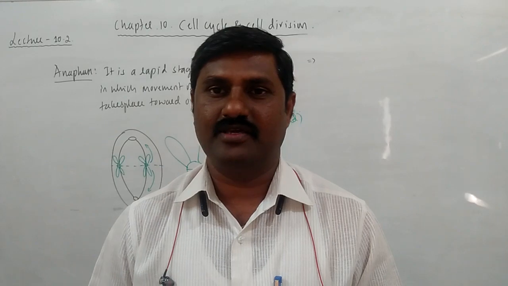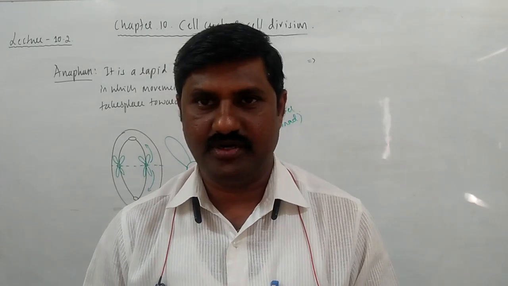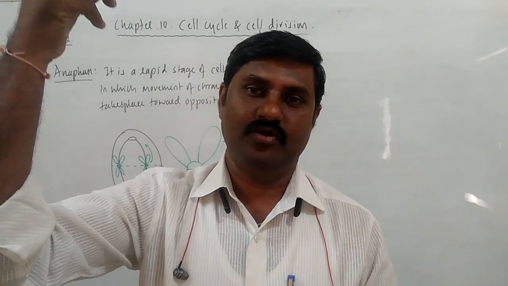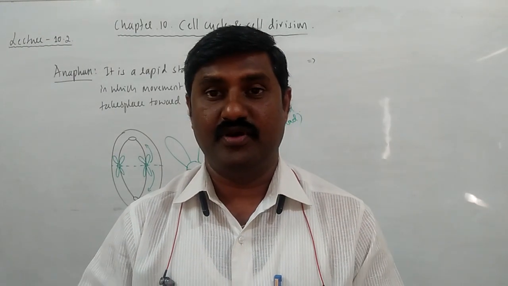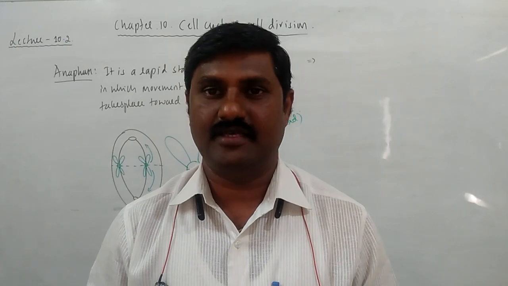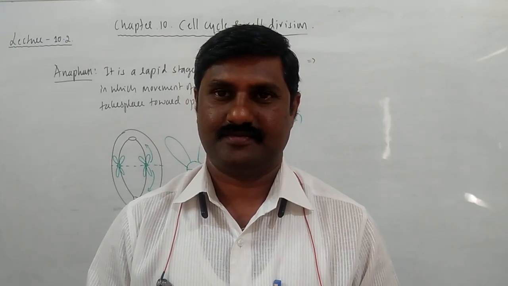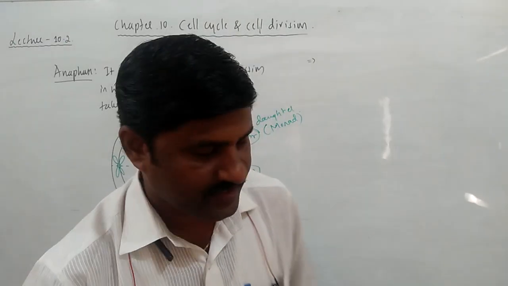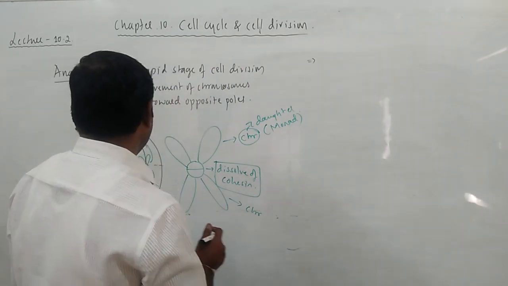Loss of ATP takes place and the dynein protein is there. It helps in pulling these chromatids or chromosomes apart towards the opposite pole. Is it clear?